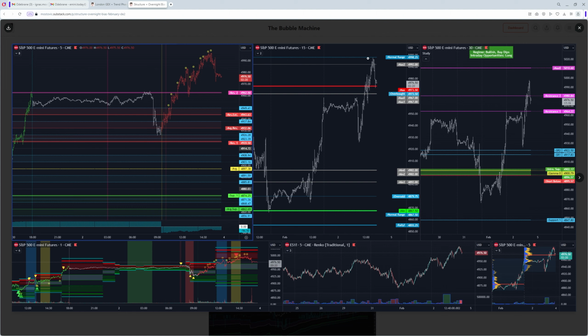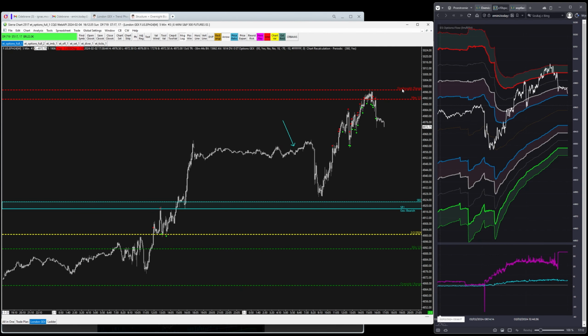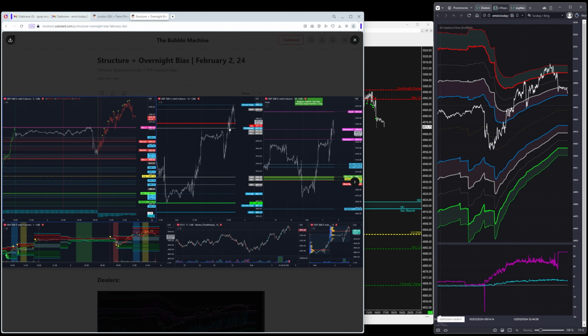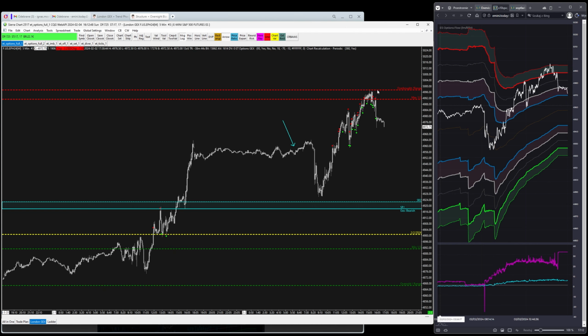This one is much more important to me because this will be the second level to be hit from this pair. The first one is overbought, and the next one is the normal range. And that's why this indicator picked the higher one from the overbought range pair, right? This is why it doesn't show this lower overbought. It only shows the higher level, which is much more reliable in this case.